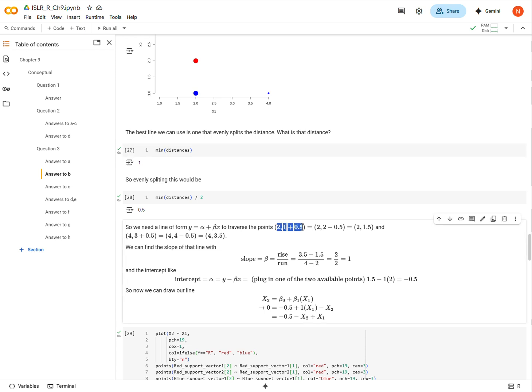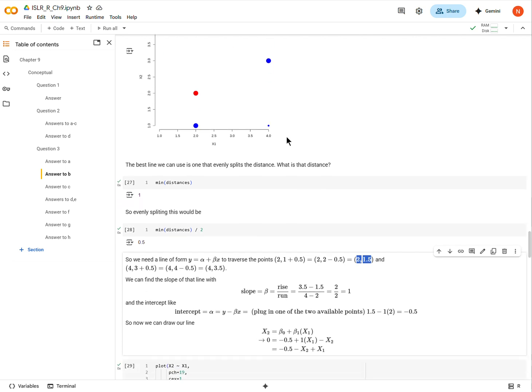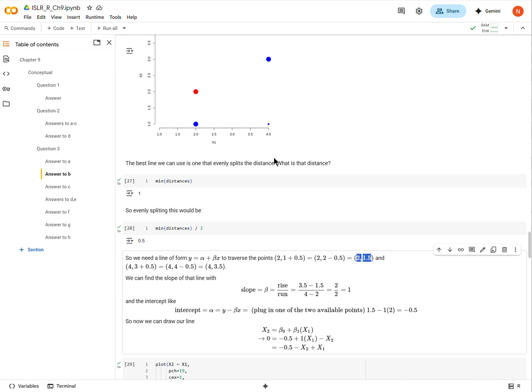So that would be that. Well, that is the same as taking its counterpart, 2, 2 in red, and subtracting half. Okay, so one of the points that our hyperplane needs to go through is 2 on the x1 axis and 1.5 on the x2 axis. Okay? And then we do something similar over here for the second pair of support vectors.